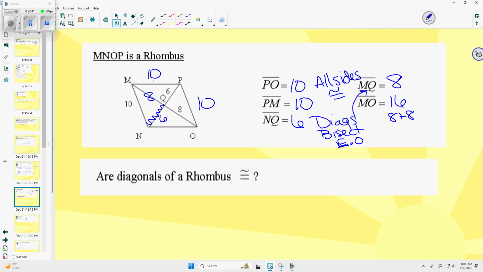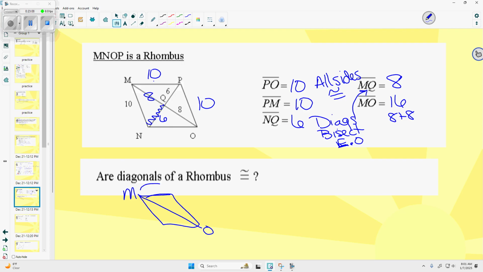Okay, so are the diagonals of the rhombus congruent? We got to know. Use the last example. In the last example, how long was MO?